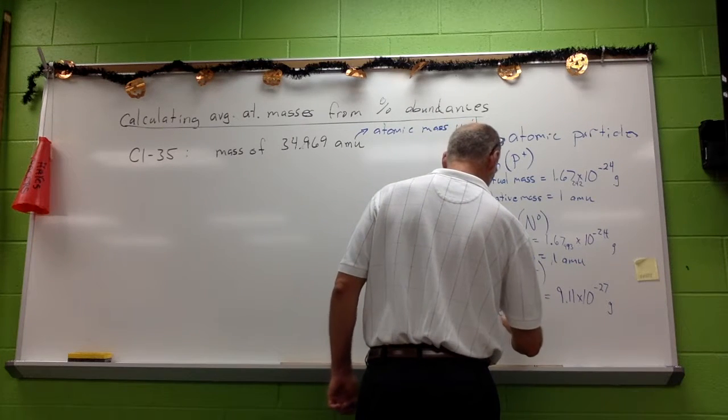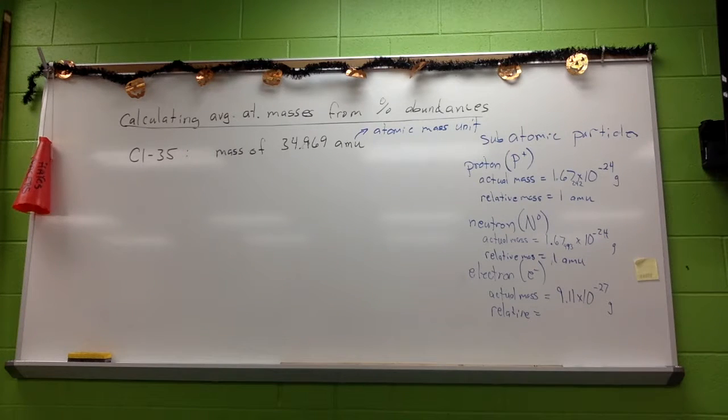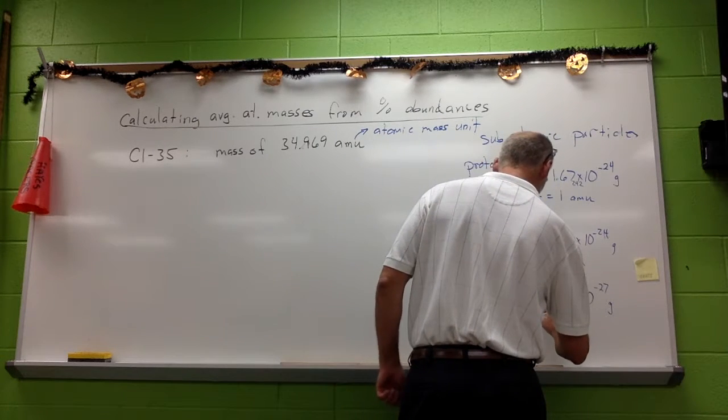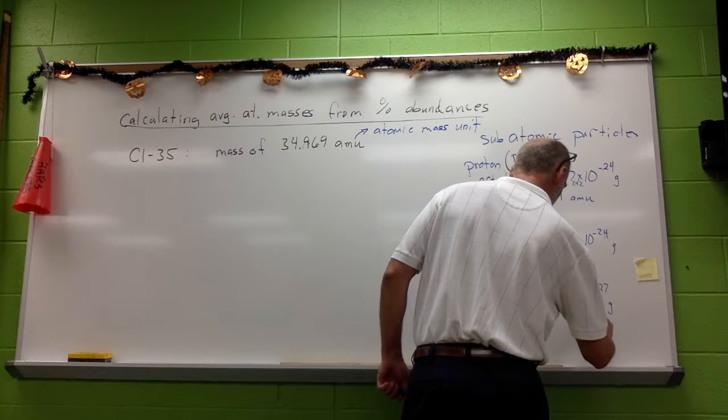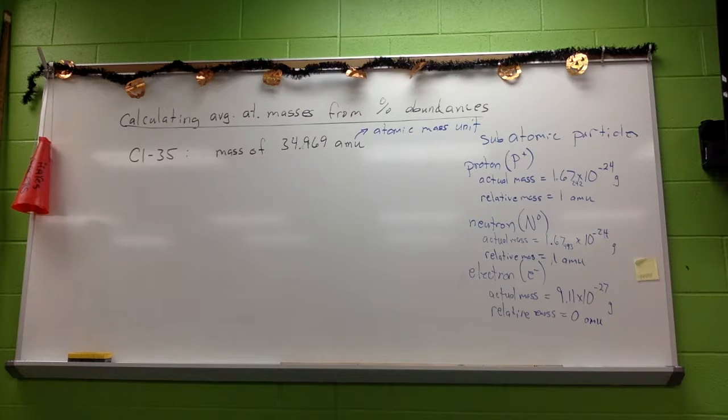Well, this is similar to the idea from way back at the beginning of the year, when I acted like I was going to pull a hair out of somebody's head and asked how their weight was going to change, and we determined that it wasn't, because the mass of the hair was so small. Same thing here. We are assuming that the electrons are not contributing a significant amount of mass to the overall.